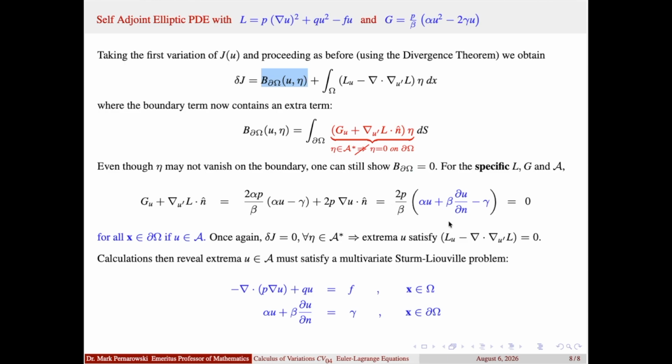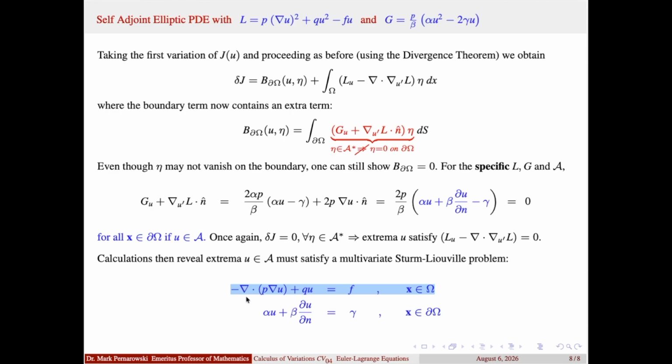For this L, what is this equal to 0? Well, that's just calculations. I'm not going to dwell on it. You can compute what all this expression here turns out to be, and what it turns out to be is this first line here.